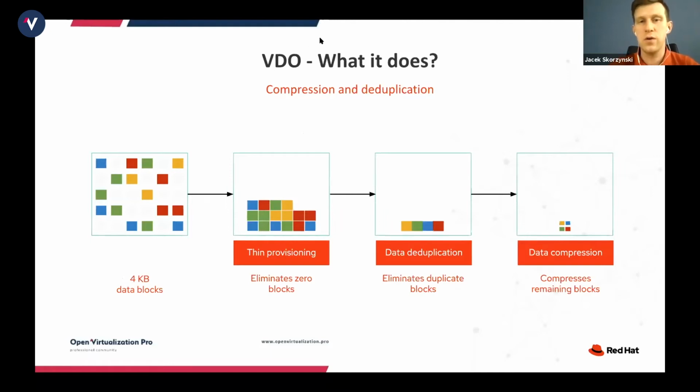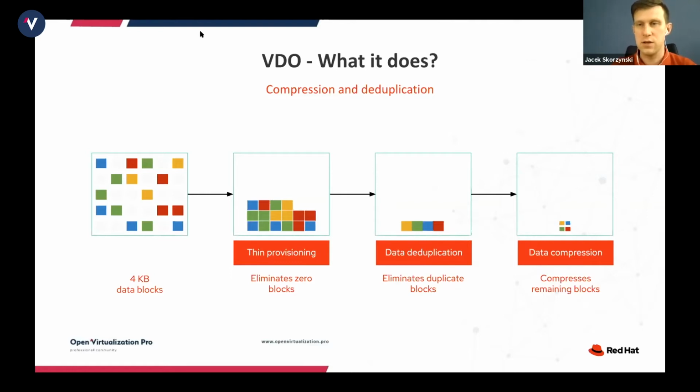Okay, so how does it do it? How does VDO make this whole thing about saving your data? So first of all, on the left-hand side, you've got this data, which is a mixture of real data, zeros, and all the things. The key point here is that we are working on 4 kilobyte data blocks, yes, and we cannot change that.